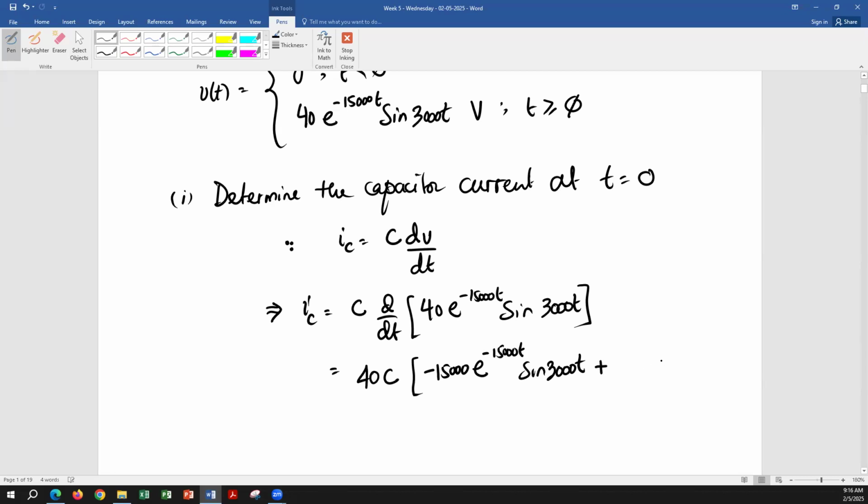All right, what else? Plus? Okay. So I'm going to put 3,000 first. 3,000 e to the power negative 15,000 t cosine 3,000 t.